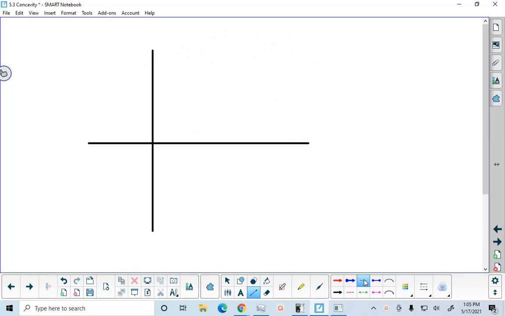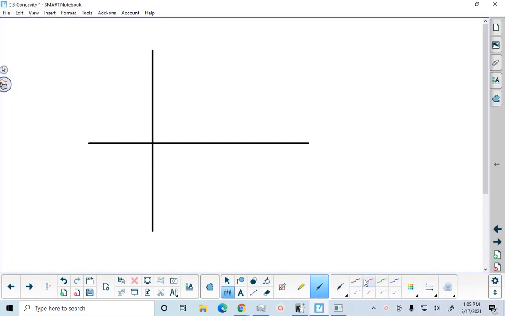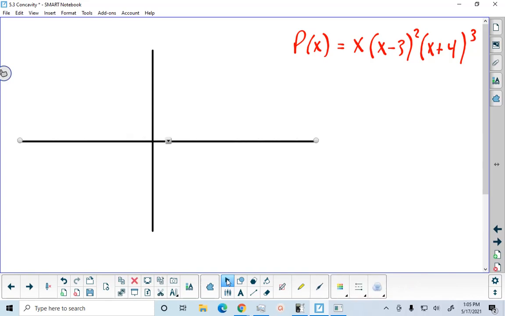this happened, and this is not going to be the case necessarily with the functions that we look at. But we said that if you had a polynomial function, this is in 30-1, that had x times (x - 3) squared times (x + 4) cubed, we talked about multiplicity and the fact that we have a factor of x in the polynomial.